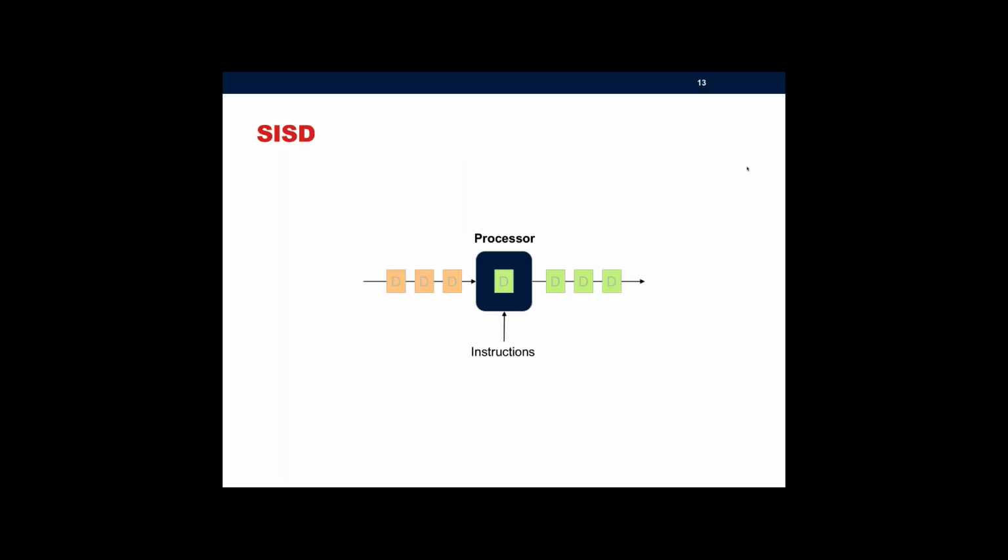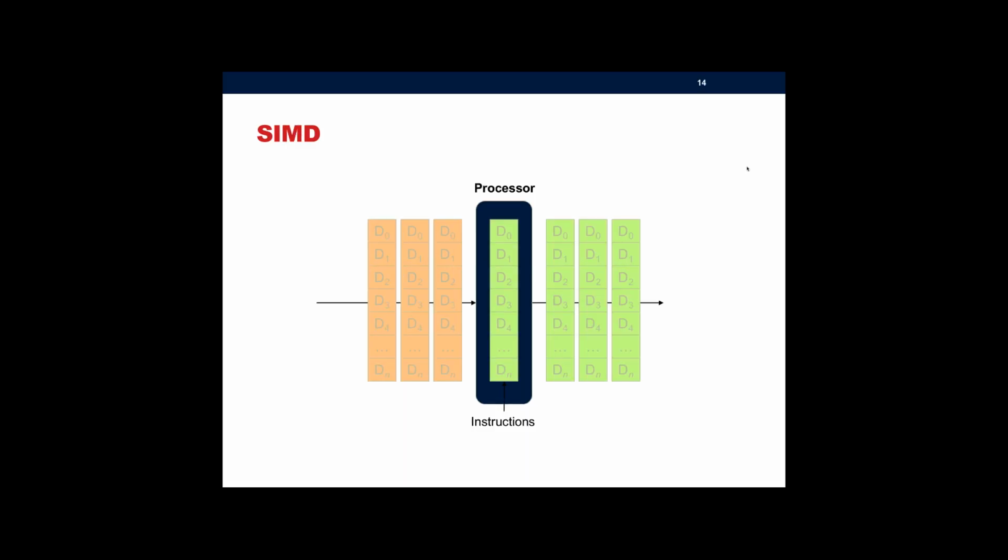Let me just show them pictorially. So this is your single instruction, single data, basically your standard CPU. You have input data coming in, and your processor is doing one instruction at a time and producing the outputs. That's your basic sequential code.